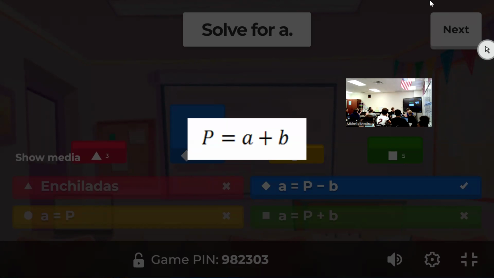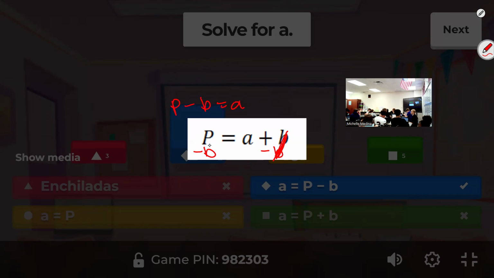The A. How do you cancel what's next to it? And whatever you do on one side, do on the other. These are not like terms, they're not the same variable, so all you can do is rewrite them. And now A is alone, so that's why this is the answer.